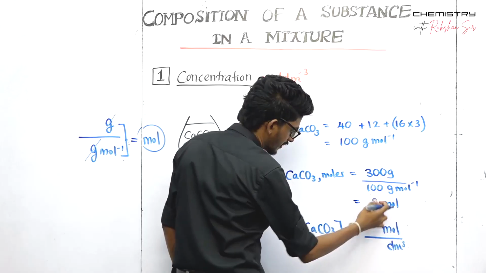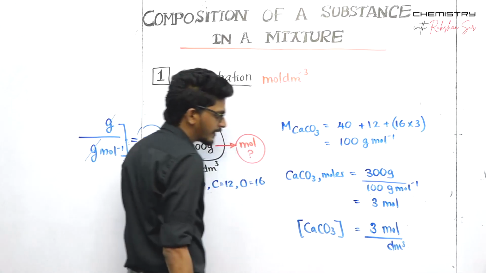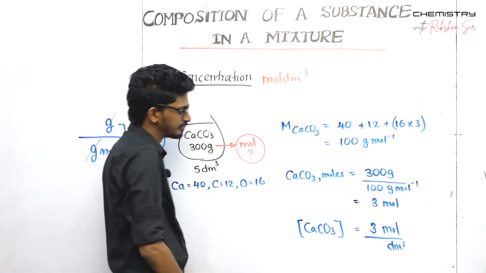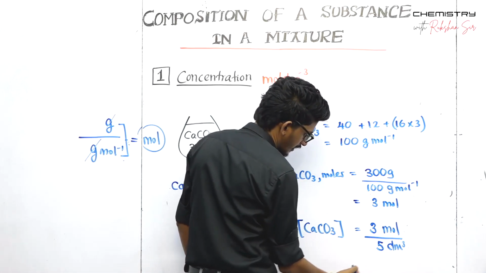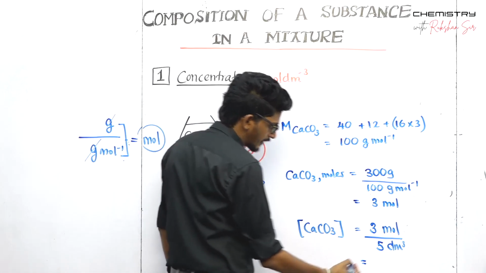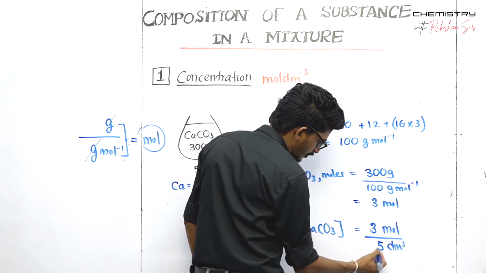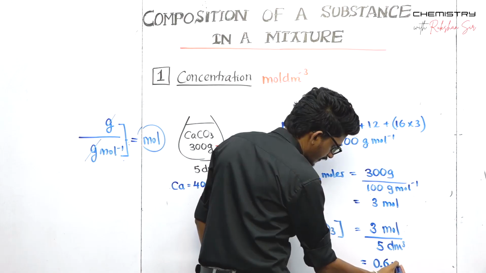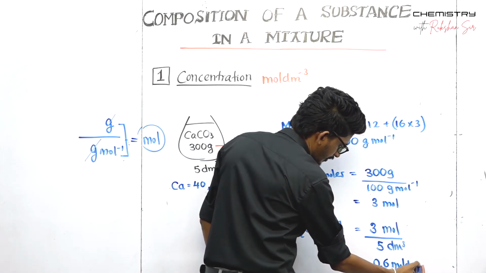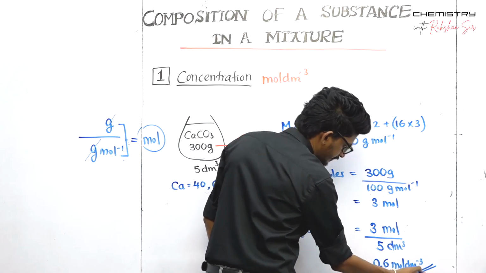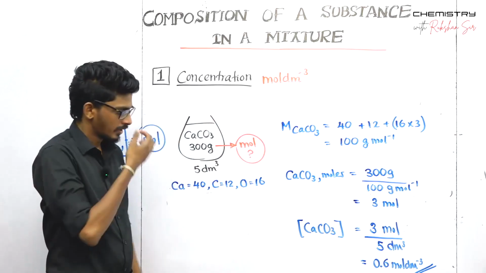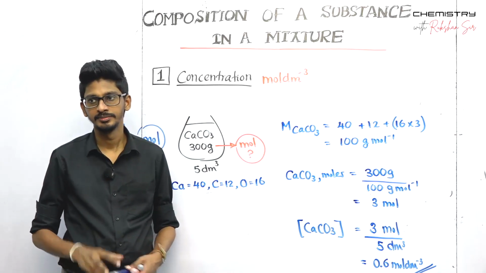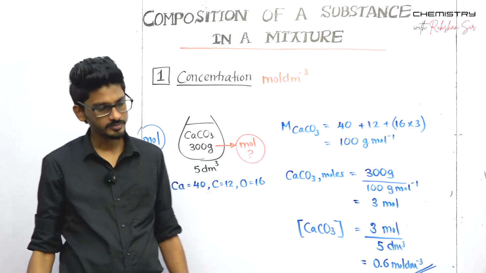The mole value is 3, and the dm^3 value is given as 5 liters of the solution. So 3 over 5 means 6 over 10, that is 0.6 mol dm^-3. That is the concentration of calcium carbonate in this solution. Done.